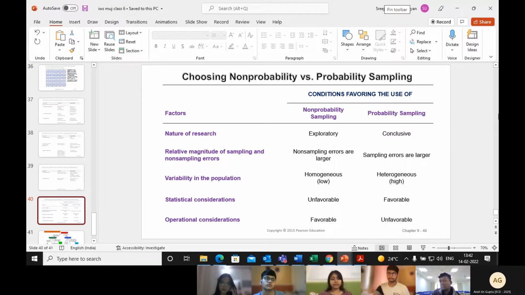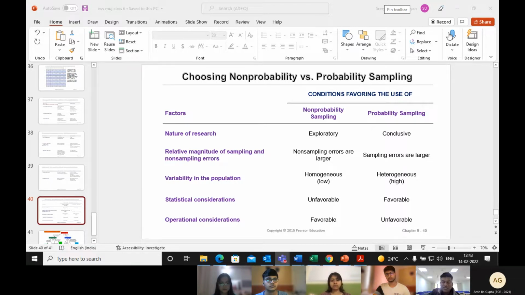If it's a heterogeneous population, with large variation among the elements, you can go for probability sampling. Statistical considerations generally favor probability sampling, because it is more robust when you use your statistical tools. They are not very favorable for non-probability sampling, because there could be inherent biases and it's not truly representative of the population.